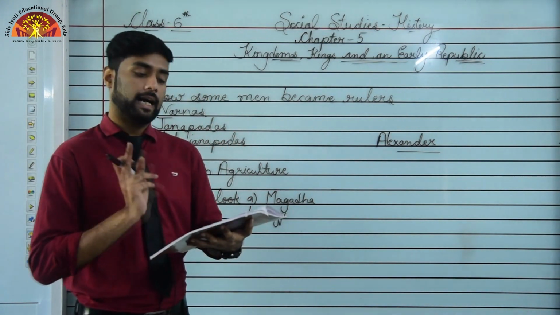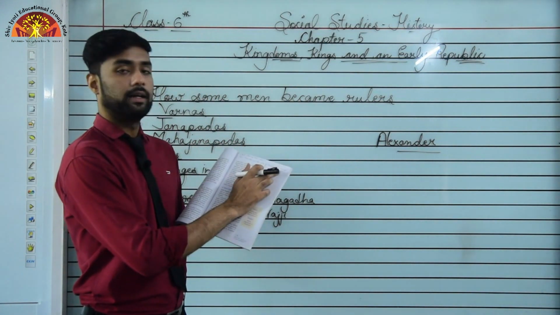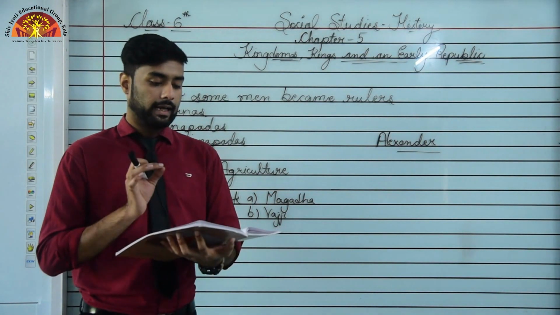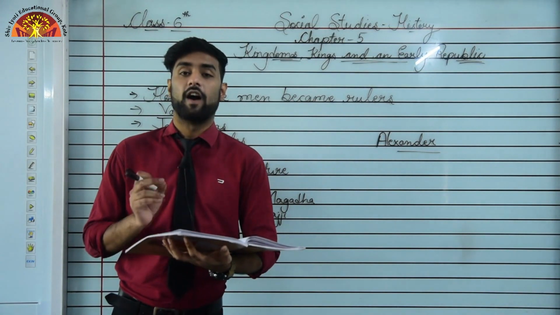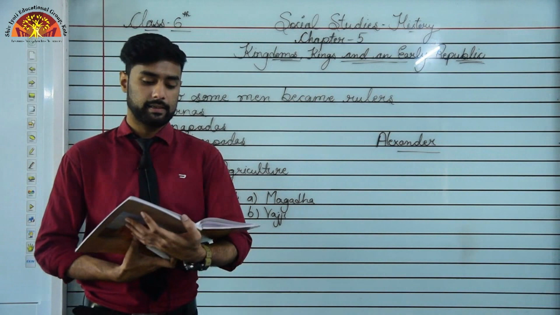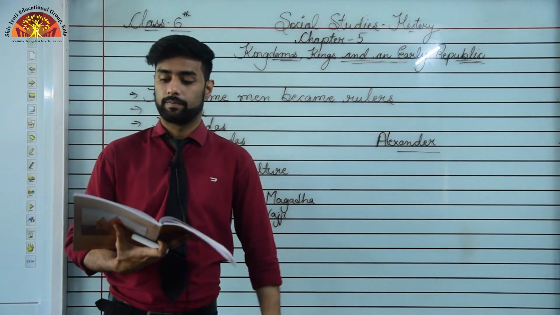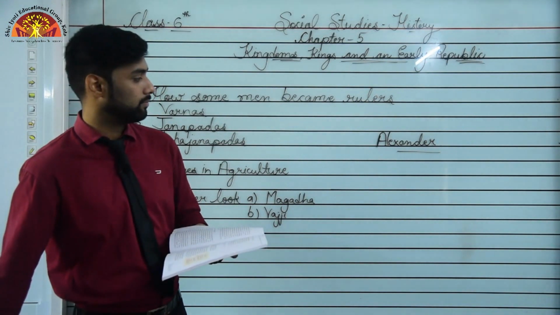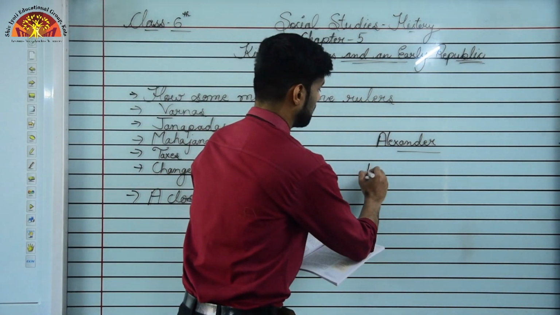Now I'm reciting the answer as well. Please write the answer here. The space is given. The answer is: Alexander was the ruler of Macedonia in Europe. Write this. Alexander was the ruler of Macedonia.